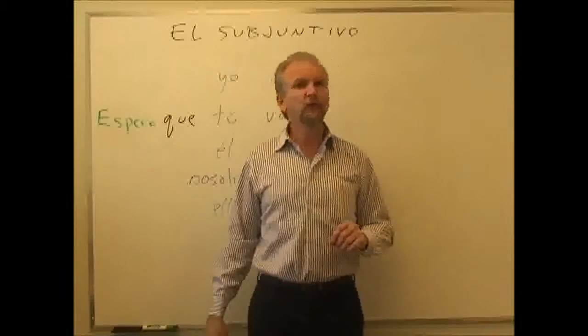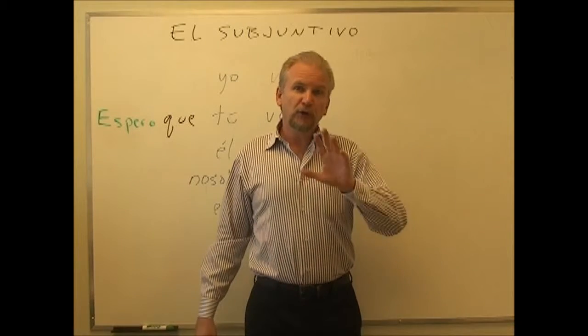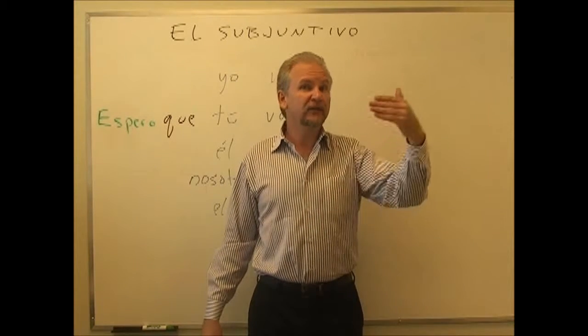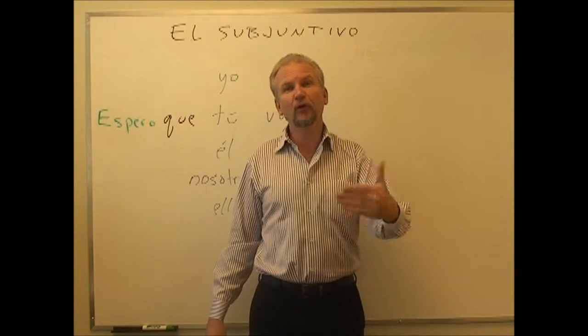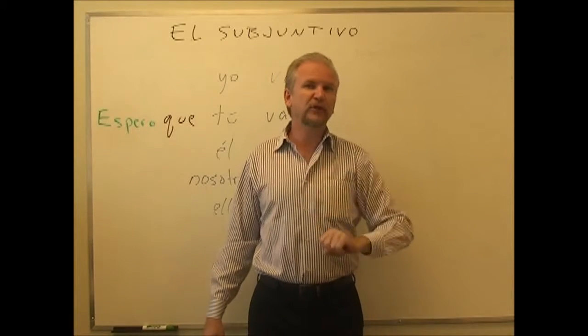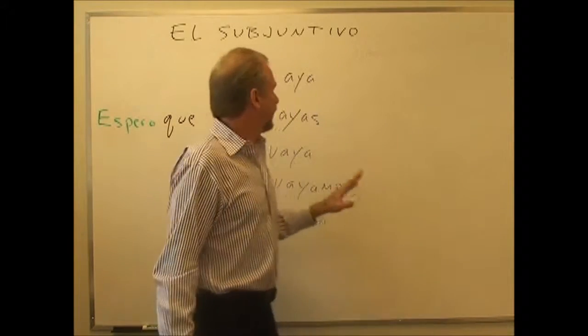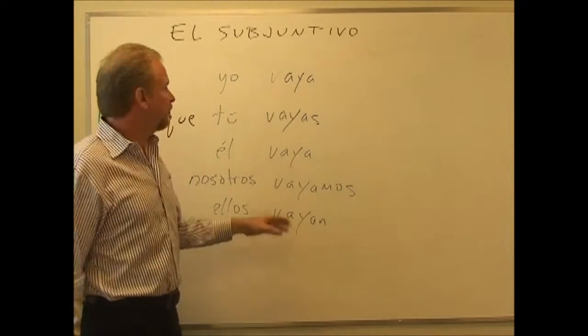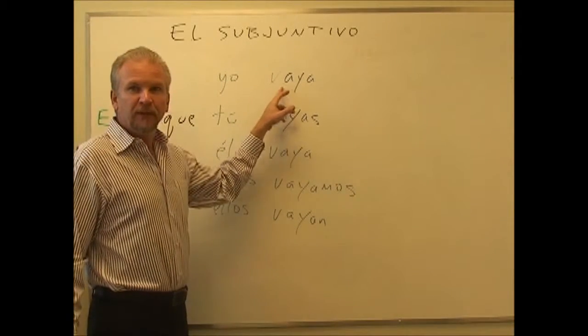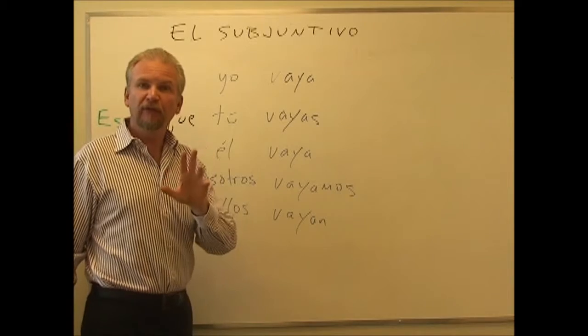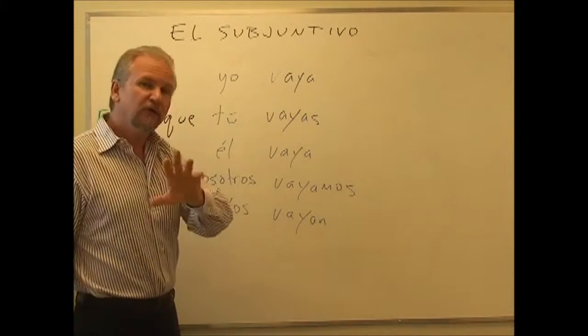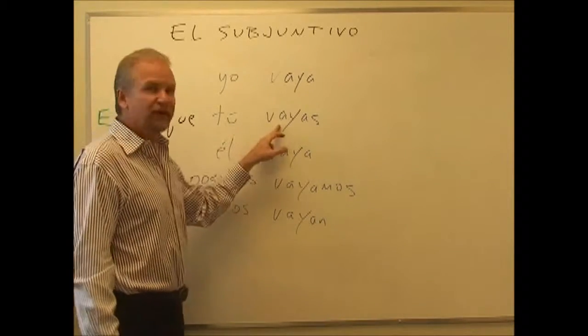Here's another example using an irregular form. You remember in the imperative tense we had some irregular forms of giving orders. Well, those same forms are used in the subjuntivo, and they are spread out over all the people. Yo vaya. Vaya was the imperative form of the verb to go. It's also used in the subjunctive. Tú vayas, you go.